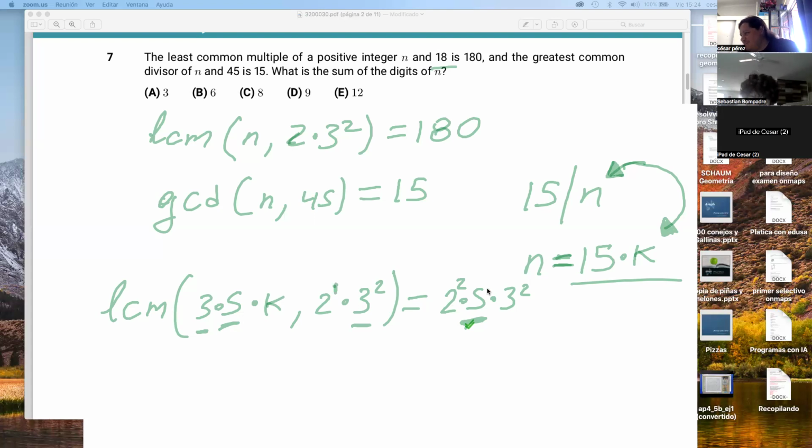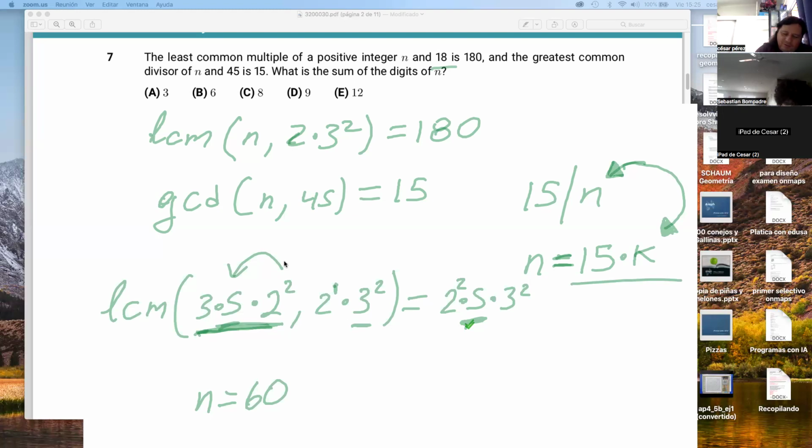So we'll need that this number has the 2 squared. So this will be the value of n. 4 por 5, 20 por 3, 60. That equals 60. Okay? Well, it's important to learn how to write this.